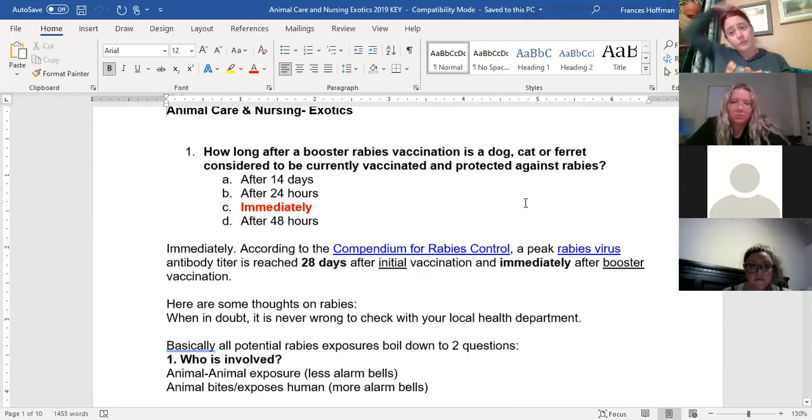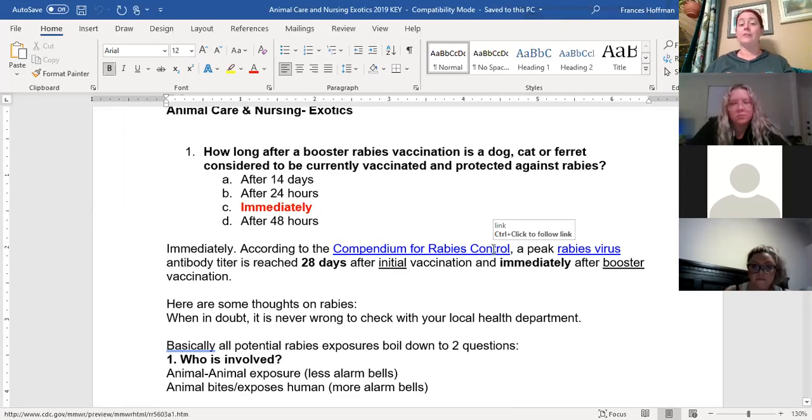All right, so this one was just a really interesting one that I found, where I was like, oh, I did not know this. And it has some really good links to follow as well. You can hit control and click on the link, or right click on the link, and it opens up the information in a different window.